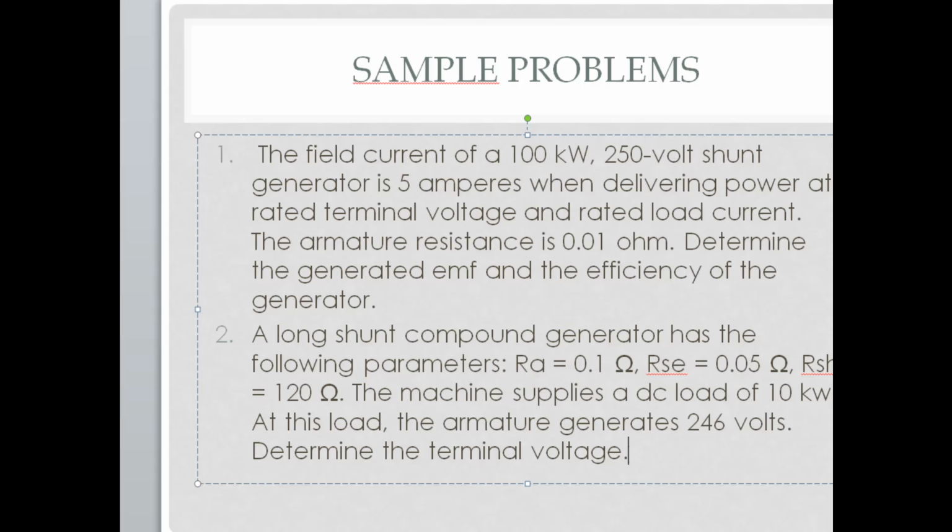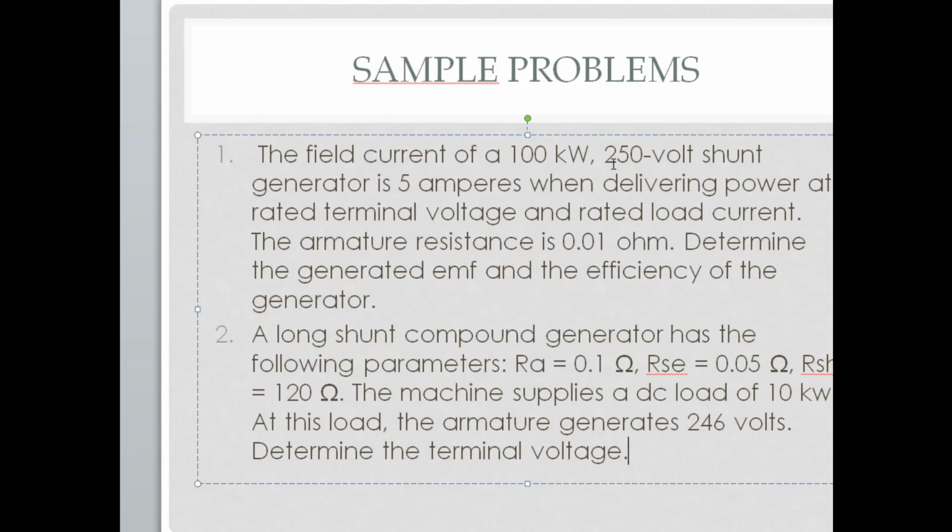So right off the bat, you are being introduced with two values here, 100 kilowatts and 250 volts. The first thing you should understand is when the problem is stated like this, these are actually your nameplate ratings.